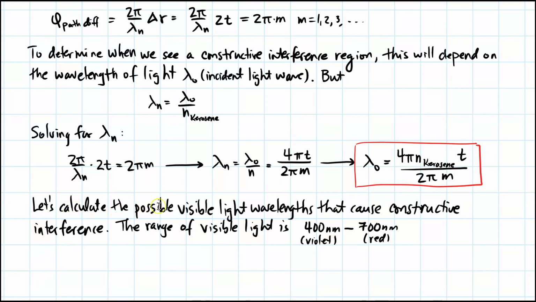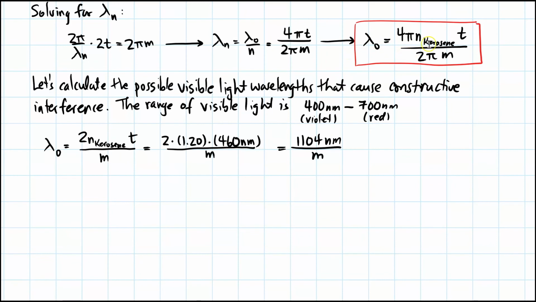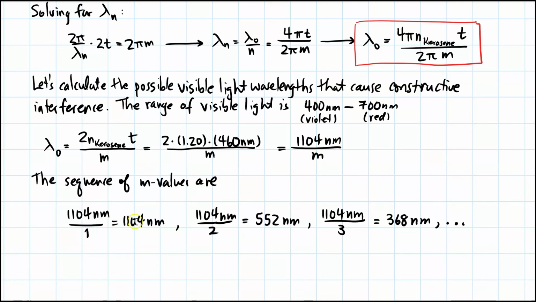Let's calculate the possible visible light wavelengths that cause constructive interference. The range of visible light is 400 to 700 nanometers roughly. Cleaning up this algebra over here, I get that lambda naught is 2 times the index of refraction, thickness divided by m. If I put in these values and multiply it, I get 1104 nanometers, where this is the m value. So for m equal to 1, I get 1104 nanometers.